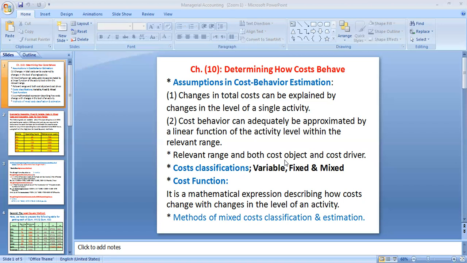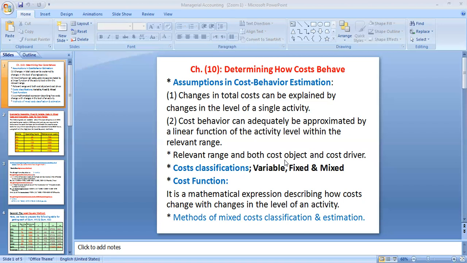Suppose that I have variable cost, for example raw material for the product. Each unit needs 100 pounds of raw material. So 2 units need 200, and 1,000 units times 100 pounds means 100,000 pounds, and so on.